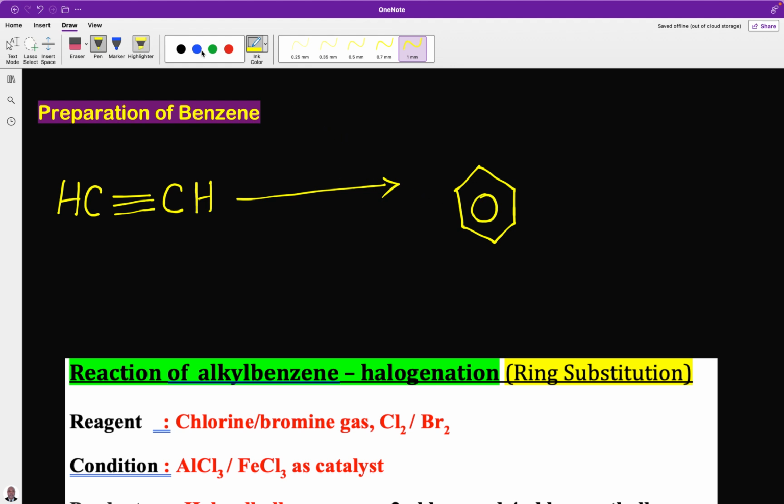Here you could use, as I said, an iron tube or red hot copper, heated.